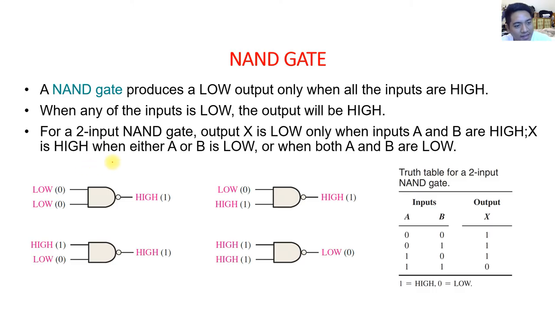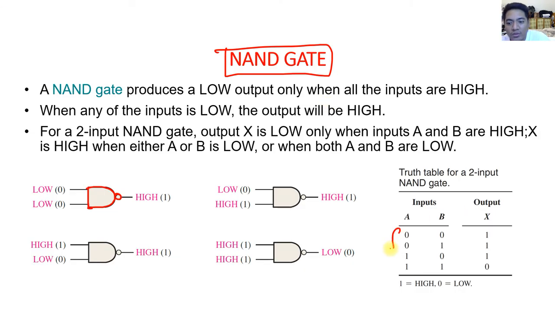So the NAND gate has this schematic symbol wherein we have an AND gate and a bubble right beside the AND gate. That indicates that it is a NAND gate, not an AND gate.